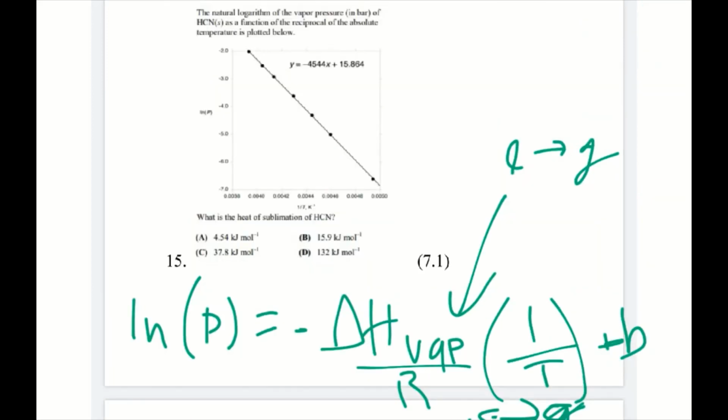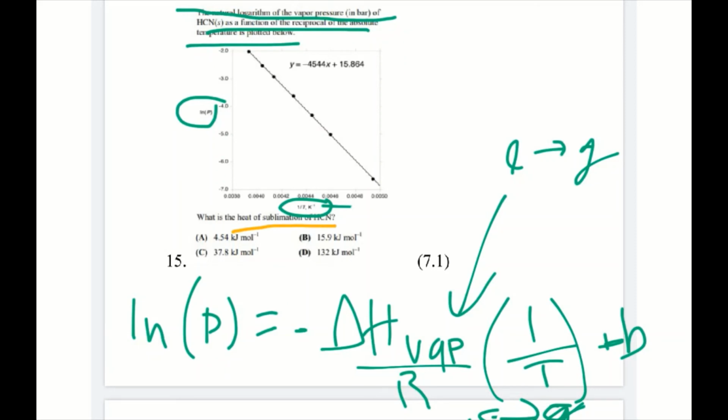Let's do number 15 now. The natural logarithm of the vapor pressure in bars of HCN as a function of the reciprocal of the absolute temperature is plotted below. So we have ln of P on the y-axis and the reciprocal of the absolute temperature over here. It wants us to find the delta H of sublimation of HCN.